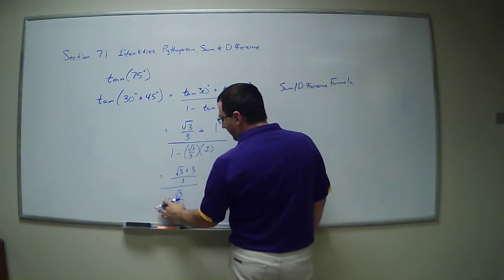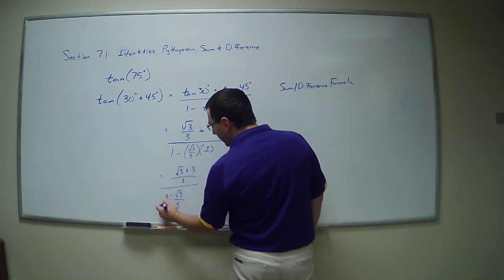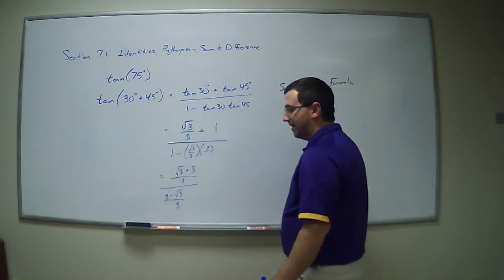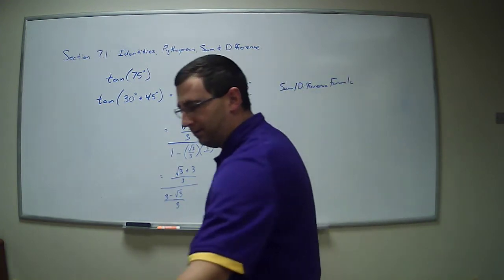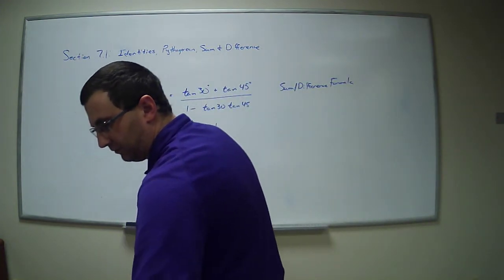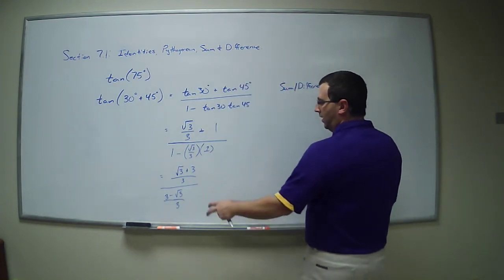So it would be 3 minus the square root of 3 on the bottom, divided by 3. Now we have a fraction divided by a fraction.